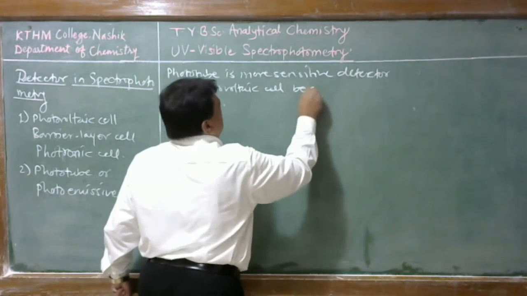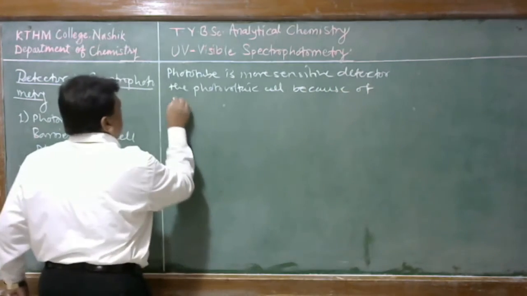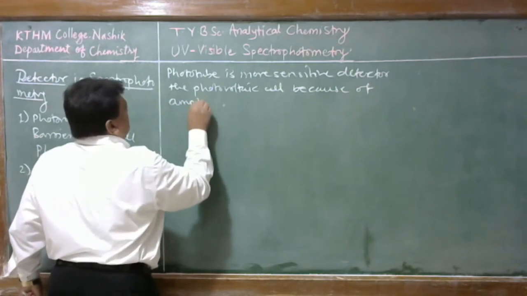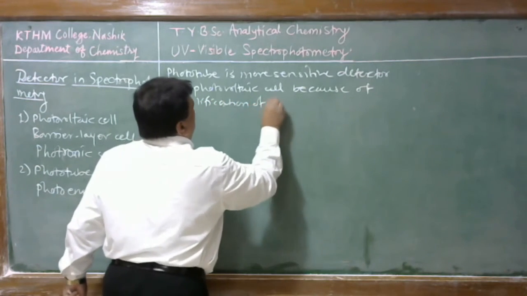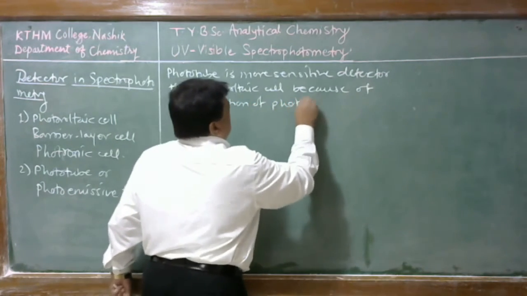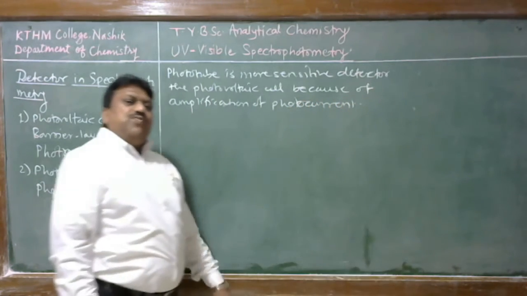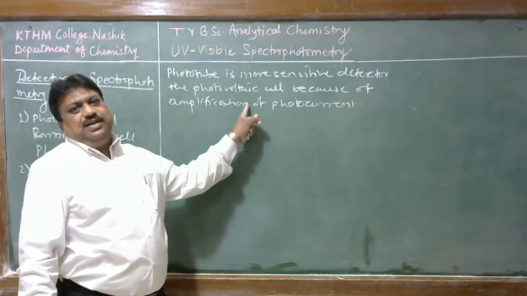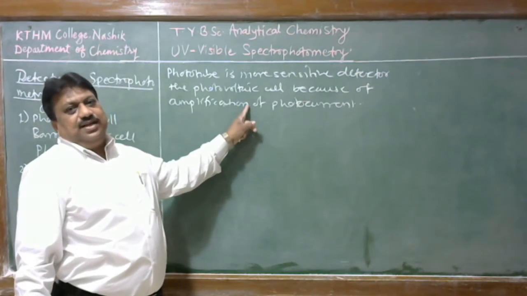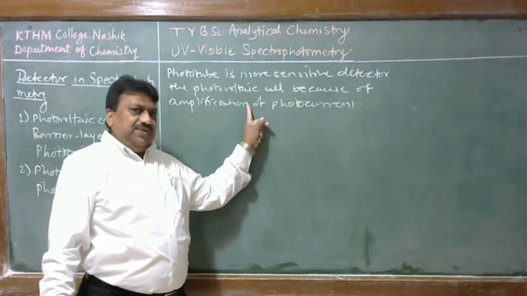Because of amplification of photocurrent. In case of photovoltaic cell, the small photocurrent generated because of photoelectric effect is not amplified.